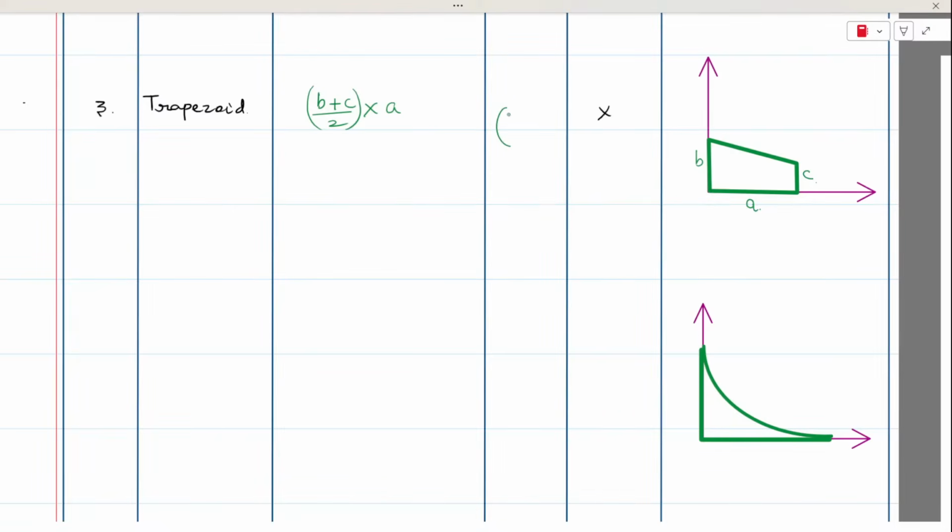First, I need to write it as B plus C by B plus C into A by 3. B plus C by B plus C into A by 3. A by 3 is the base of the trapezoid. Now, there has to be a smaller change that needs to be accommodated in the expression. The centroid of the trapezoid is expected to be somewhere over here.